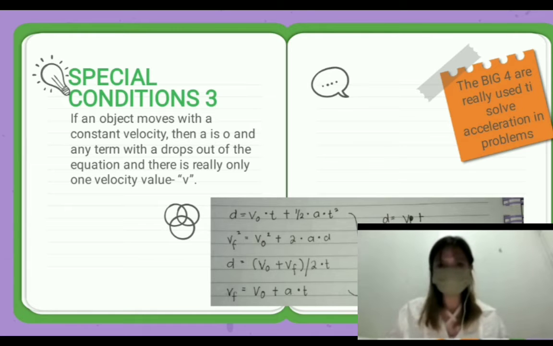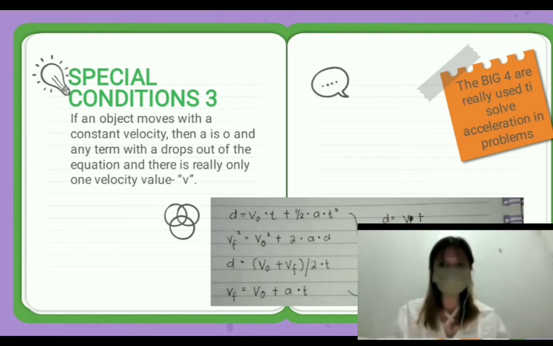So when we have a constant velocity problem, the equations turn to this form. You'll notice that the first and third equations have become d equals v times t, which simplifies to the rate equation that you've probably known for some time.